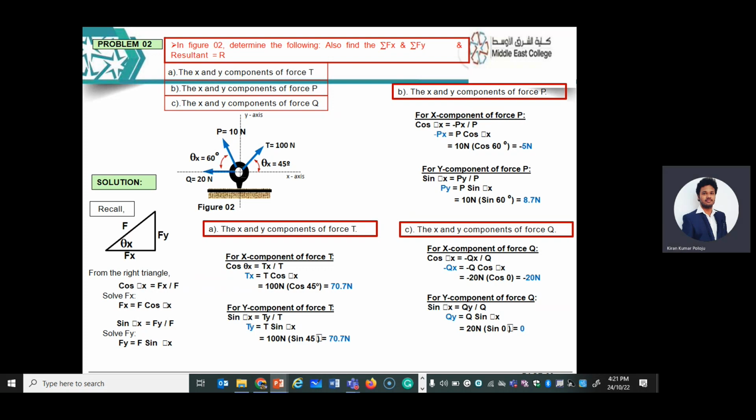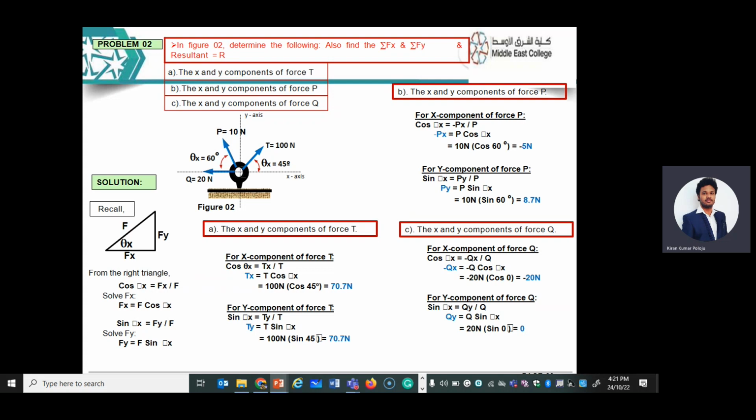Now, for the X direction, for this given T force, the formula is P cos theta. Let us say Px. The force is denoted by T. We are doing this for the force T in the X direction.